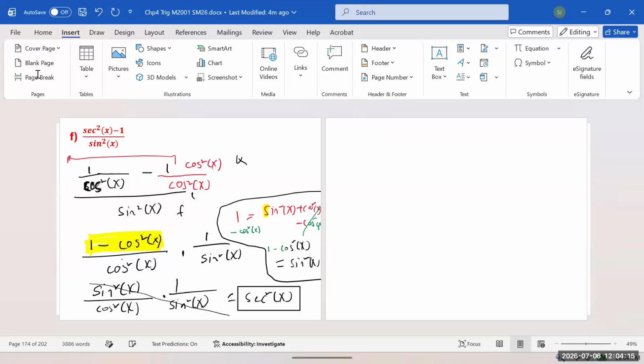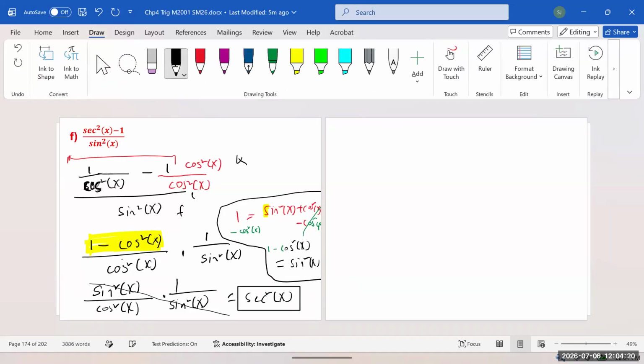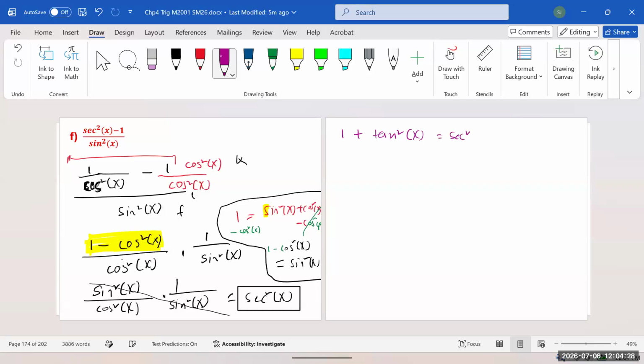So one of the identities says 1 plus tangent square is secant square. So we can use this identity here. If you subtract 1 from both sides, we get tangent square is secant square minus 1.